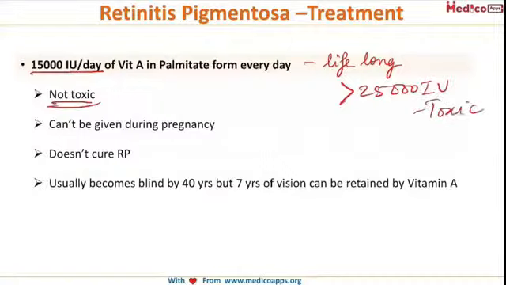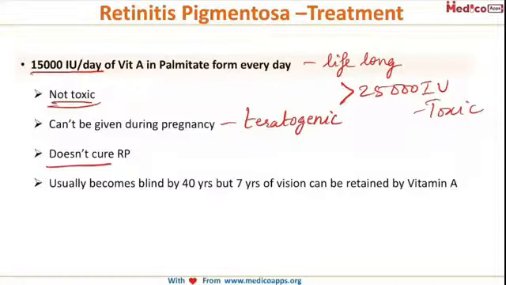Okay. However, because it is teratogenic, you are going to avoid it in pregnancy. Whenever the lady with RP is pregnant, you are going to avoid this vitamin A dosage. The important thing you have to note over here is that it doesn't cure RP. There is no cure for RP. Remember, there is absolutely no cure for RP.